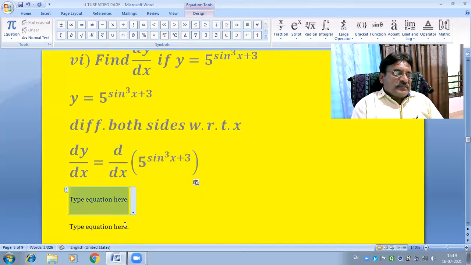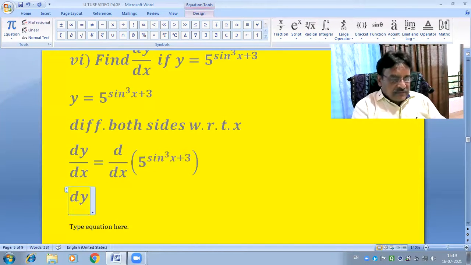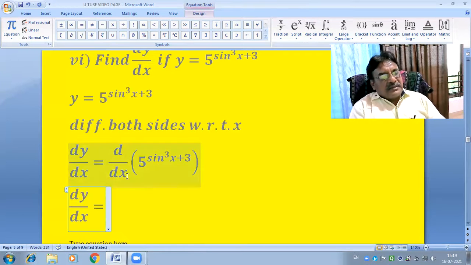Therefore, dy by dx on the LHS as it is, which is equal to d/dx of 5 to the power sine cube x plus 3.